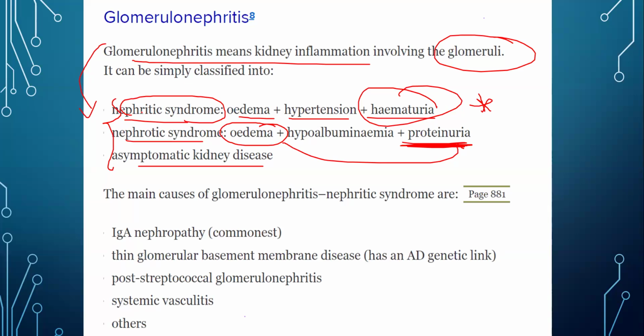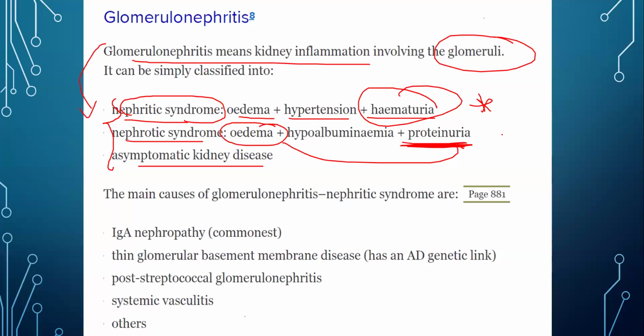Can a nephritic syndrome patient have a little bit of proteinuria? Yes. So nephritic also can have 1 plus 2 plus proteinuria. Vice versa, in nephrotic syndrome, they can also get 1 plus 2 plus hematuria. So a lot of candidates have this kind of idea that if there is hematuria, it is always nephritic. It's not like that.